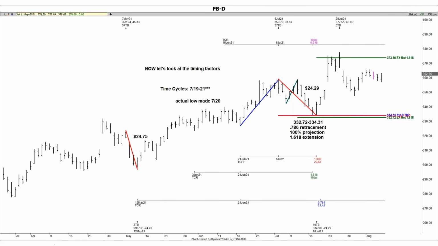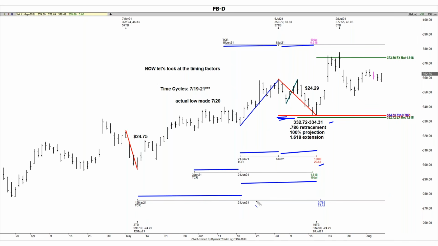So here's an example. This is a daily chart of Facebook. We already had a setup at the 332.72 to 334.31 area, but here's where we also ran timing. I had high to high, 618 in time came in July 19th; a low to high, 100% in time came in July 20th; a low to low, 1618 came in on July 19th; and another low to low, 786 in time came in July 21st.